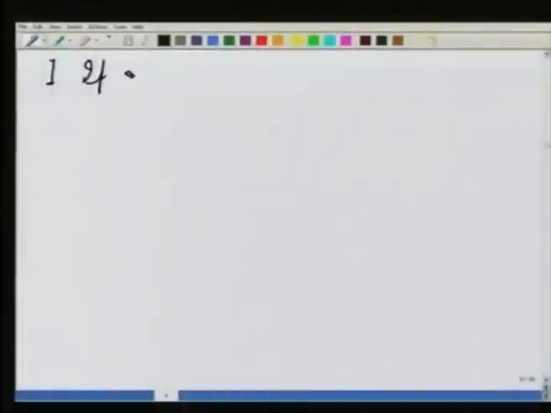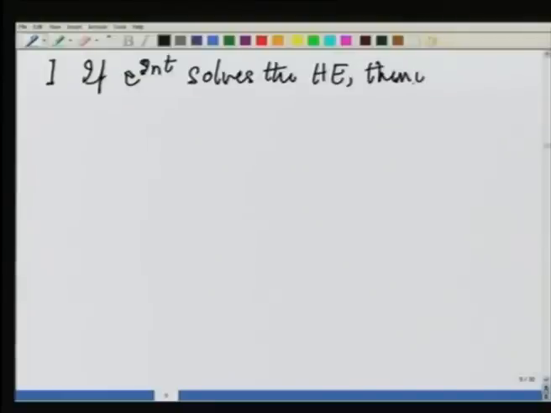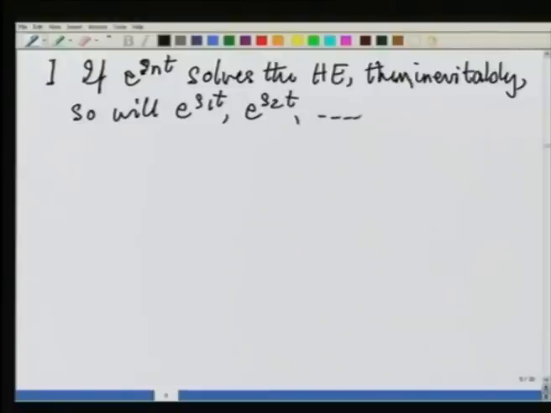First, if e to the power S n t solves the homogeneous equation, then inevitably so will e to the power S 1 t, e to the power S 2 t and e to the power S subscript capital N t.